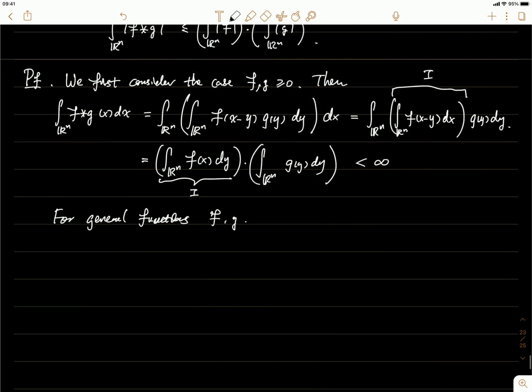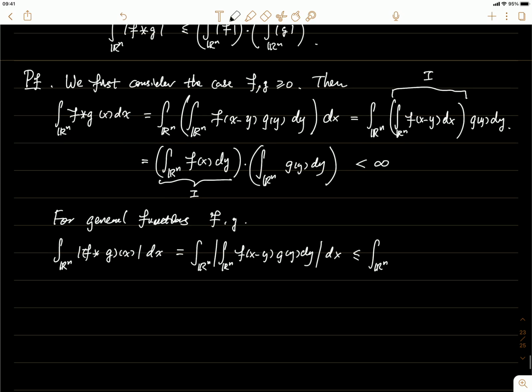But for general functions f and g, the integral of the absolute value of the convolution, dx, is bounded above by the integral over R^n of the integral of the absolute value of f(x minus y) times the absolute value of g(y), dy dx.